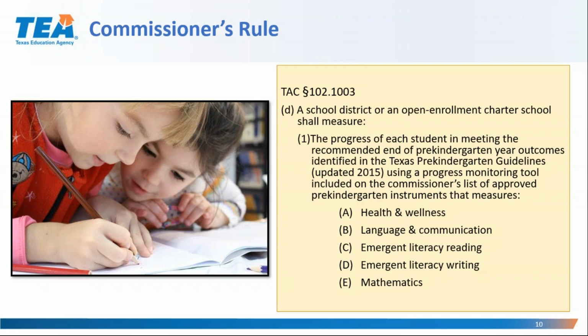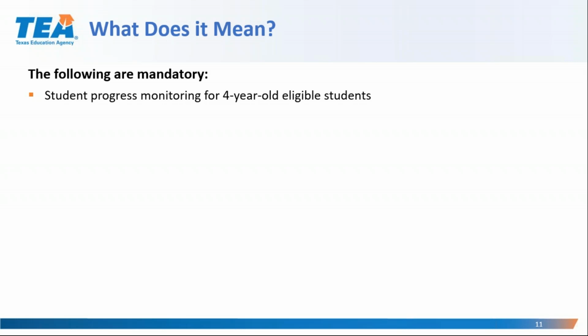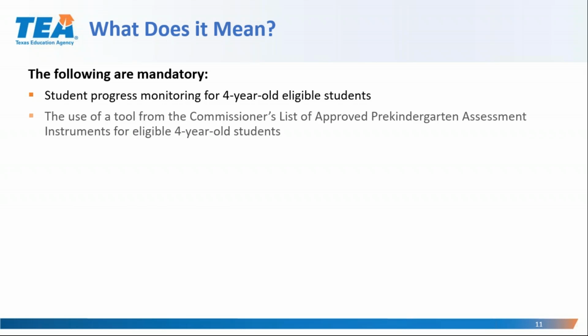So that is a lot in statute and a lot in commissioner's rules. So what really does all this mean? Well, student progress monitoring for eligible 4-year-old students is mandatory. That's the first thing. The second thing is that it is mandatory that districts use a tool from the commissioner's list of approved pre-kindergarten assessment instruments for their eligible 4-year-olds.